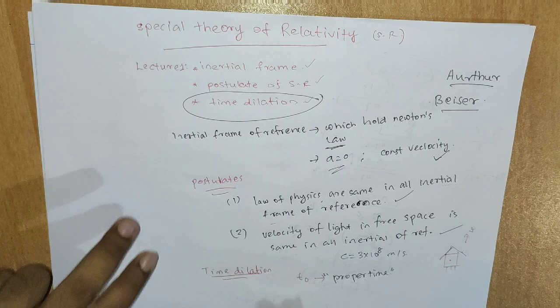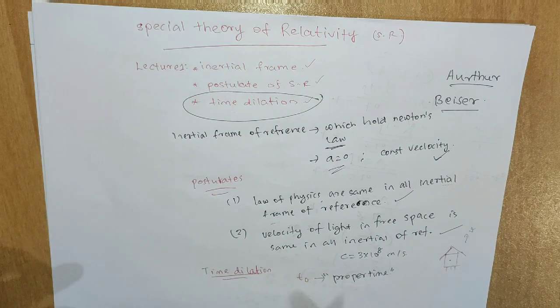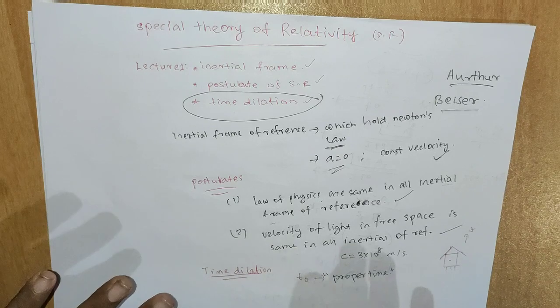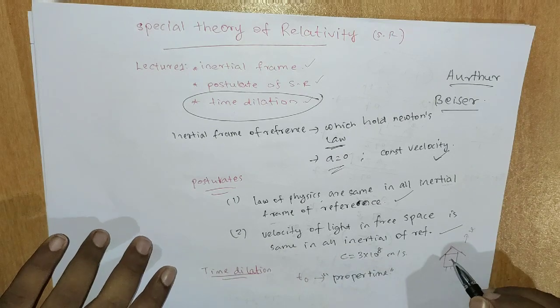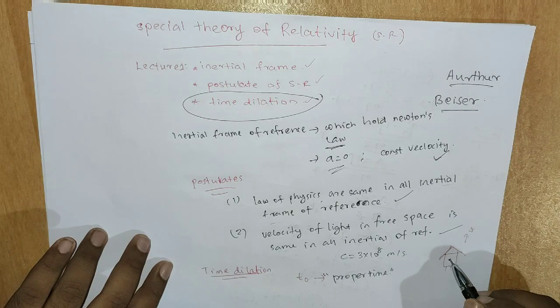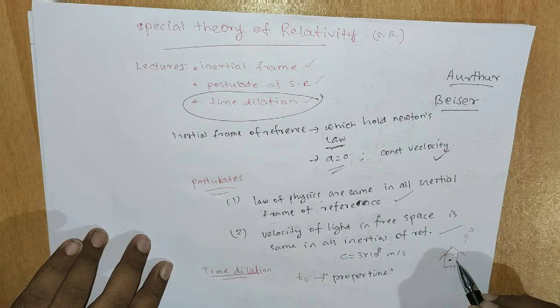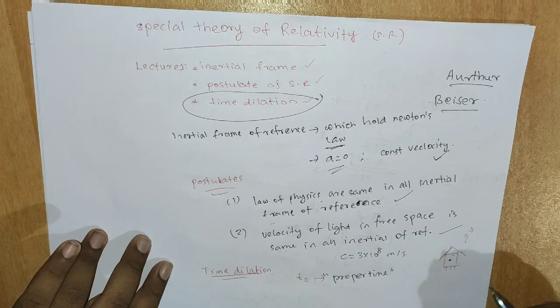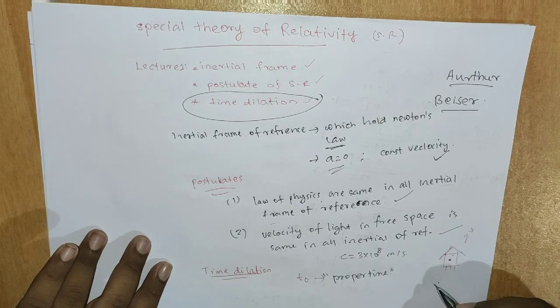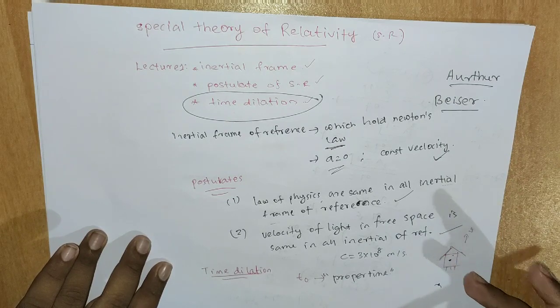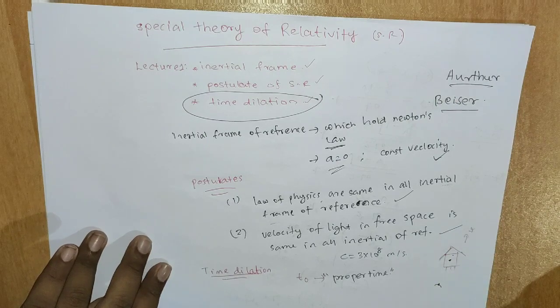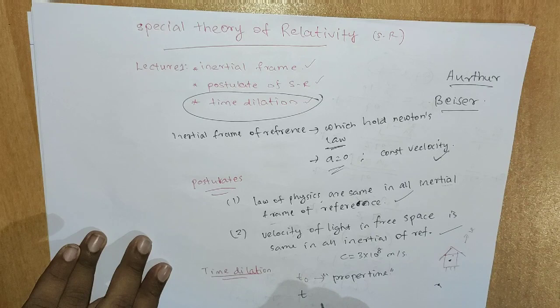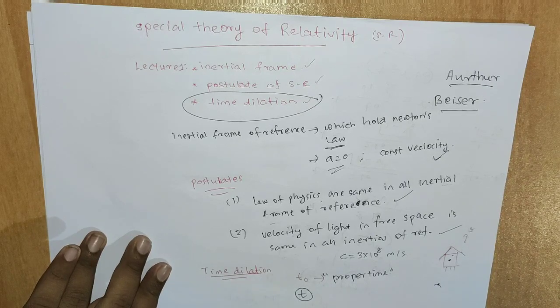Proper time is the time interval measured by the observer in his own frame of reference. Here the man is sitting in the aerocraft and the events also happen in the aerocraft, so that time interval is proper time. And a second man, who is on the earth, measures the time interval between the same two events that happened in the aerocraft, and he denotes it as t.